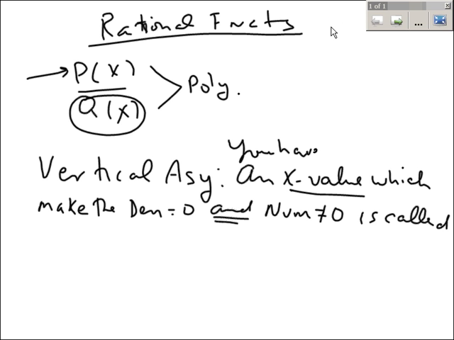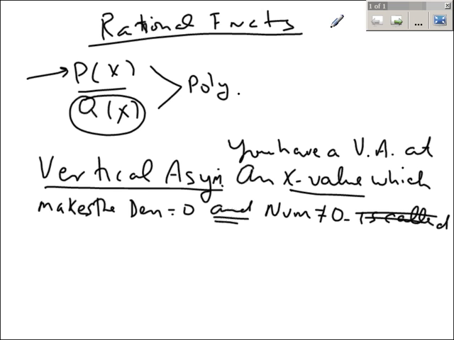You have a vertical asymptote at an x value which makes the denominator equal to 0 and the numerator not equal to 0. That is the definition of a vertical asymptote.